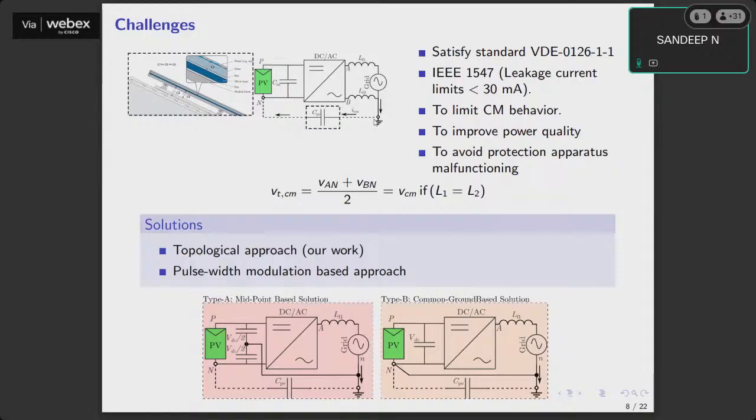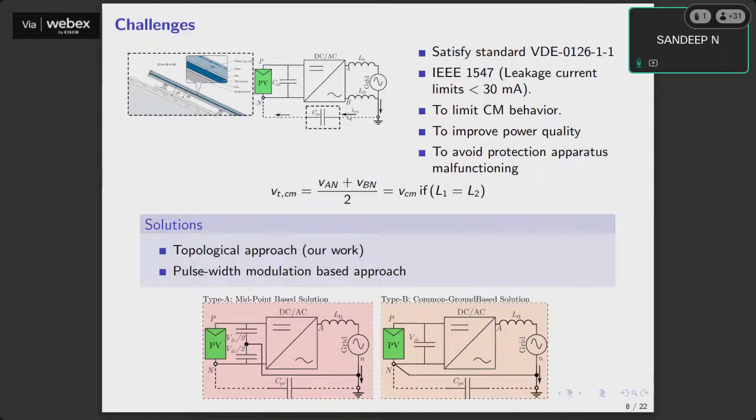Okay. So what does it do? It is going to add on to the grid current. So that way it is going to distort our grid current, which we are trying to maintain. The grid current we are trying to maintain at a high quality of THD less than 5% that we are trying to inject into the grid, and this is going to distort that. That is one thing.